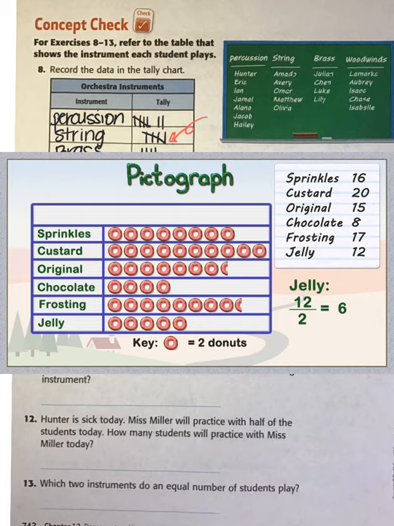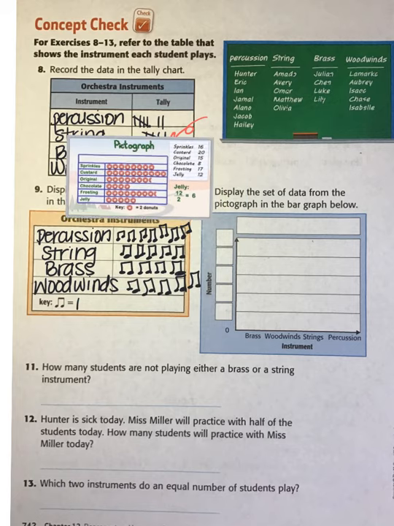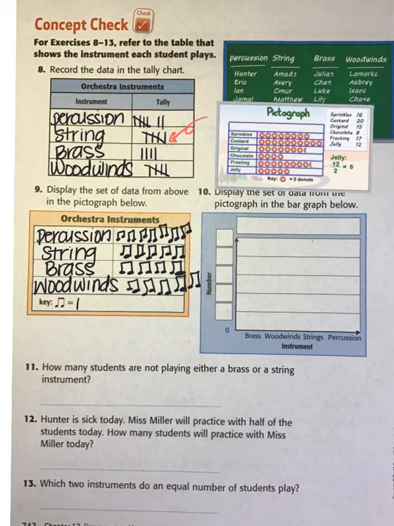And then so you see on the left-hand side, they've written all of the types of donuts, and then they use donuts across to count for how many pick those types of donuts. Okay, so that's all a pictograph is.